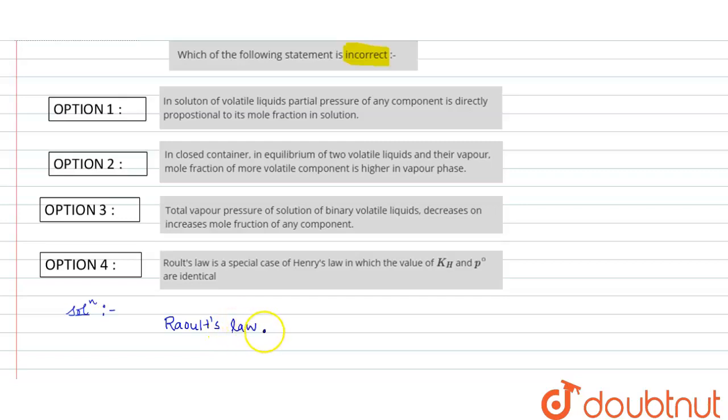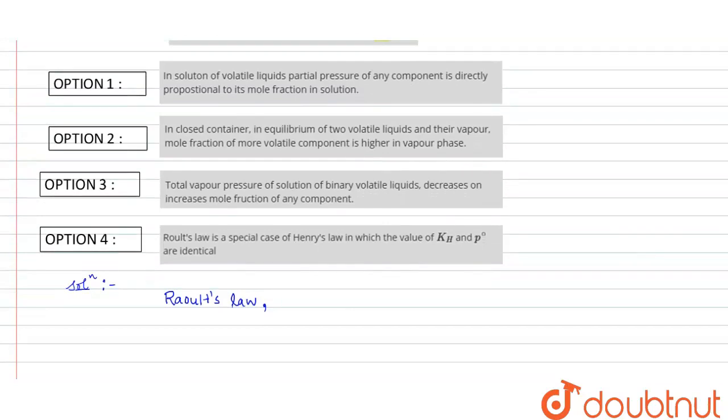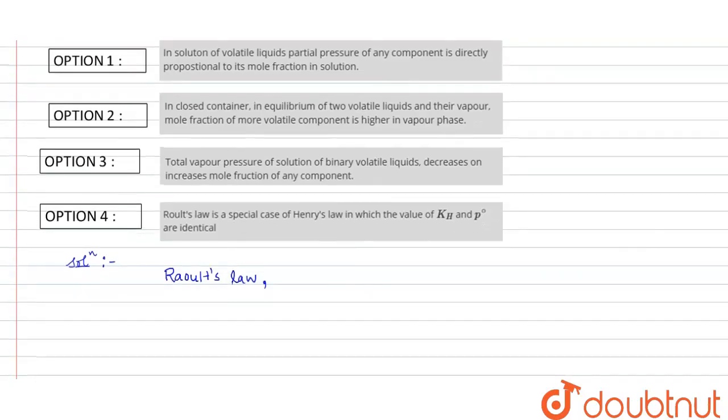According to Raoult's law, for a solution which contains a volatile component, the partial vapor pressure, that is P, of each component is directly proportional to the mole fraction of each component in the solution.